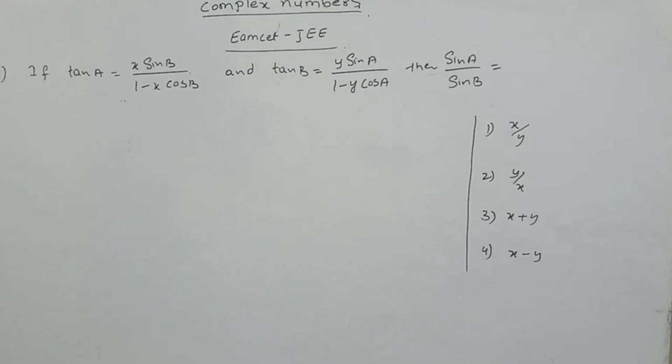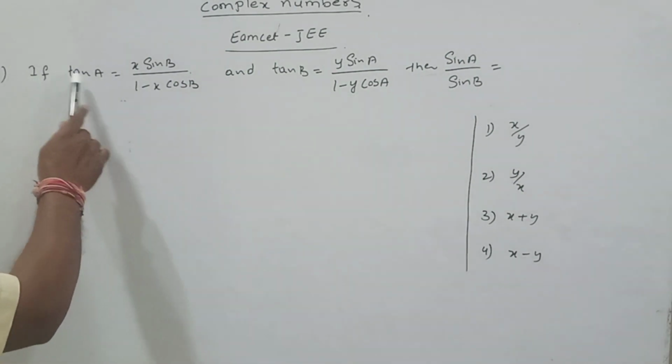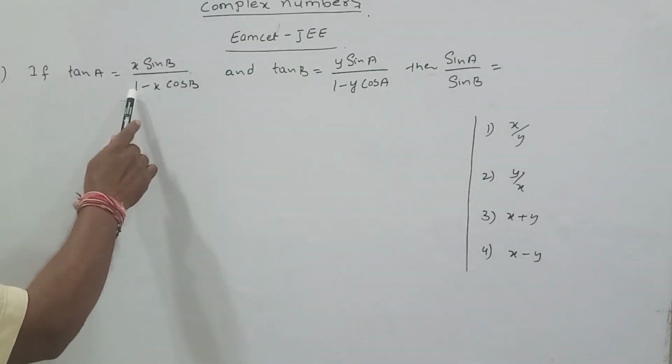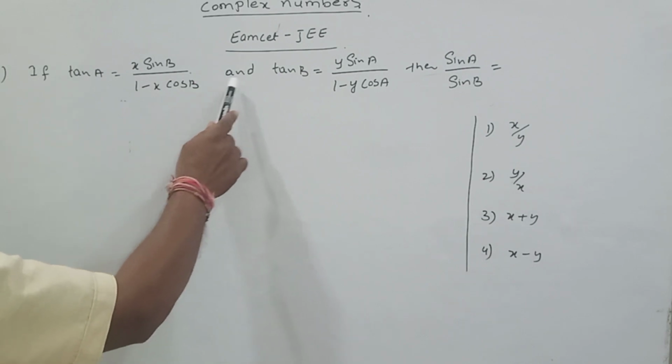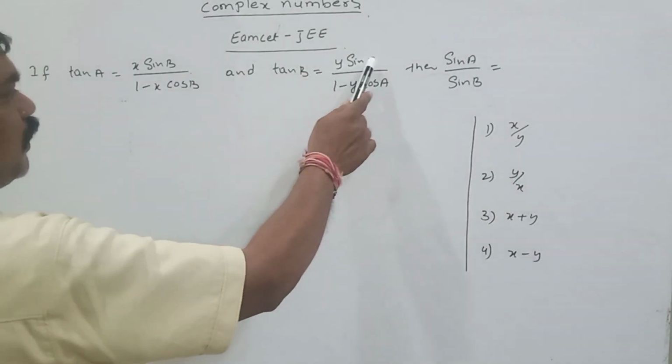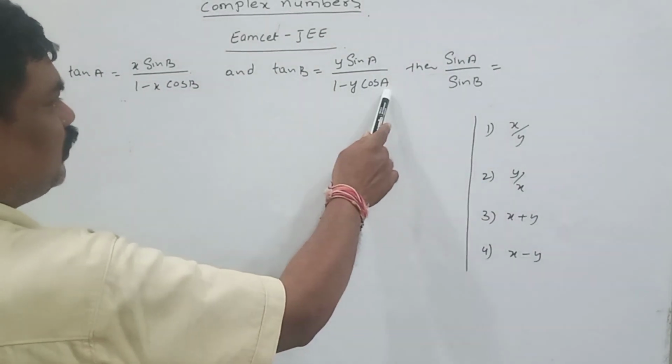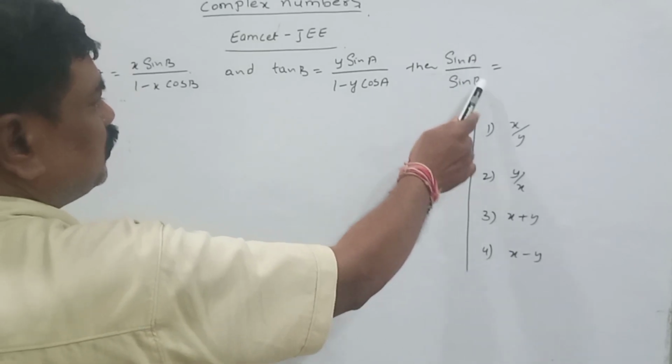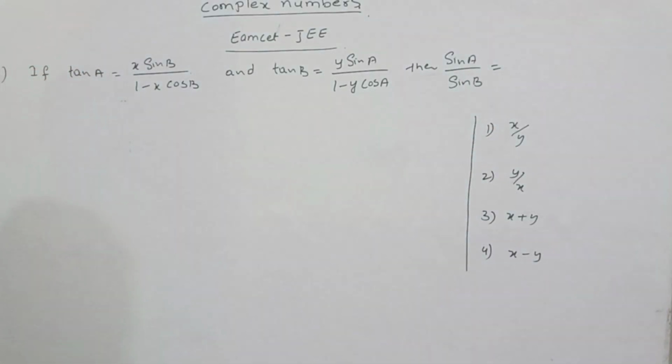Dear viewers, we have the problem. If tan A is equal to x sin b by (1 minus x cos b) and tan b is equal to y sin A by (1 minus y cos A), sin A by sin b is equal to.